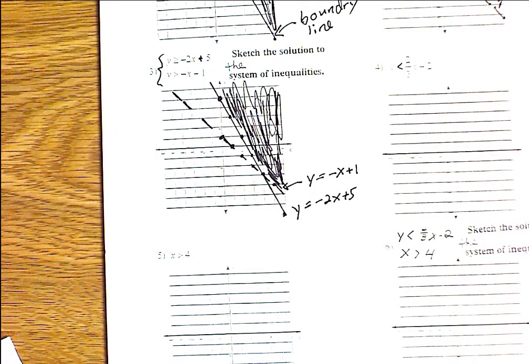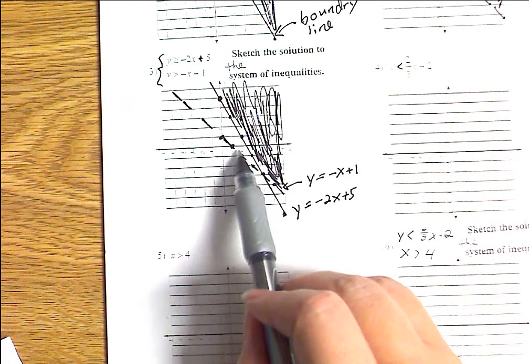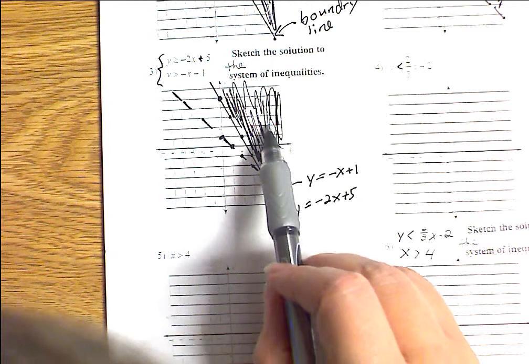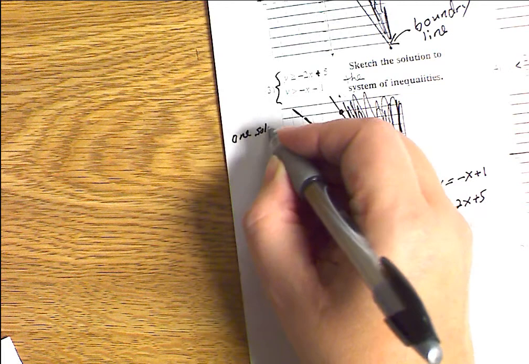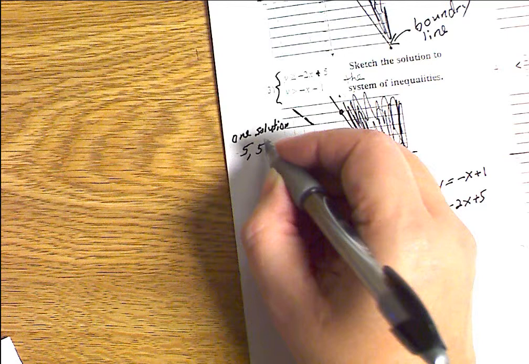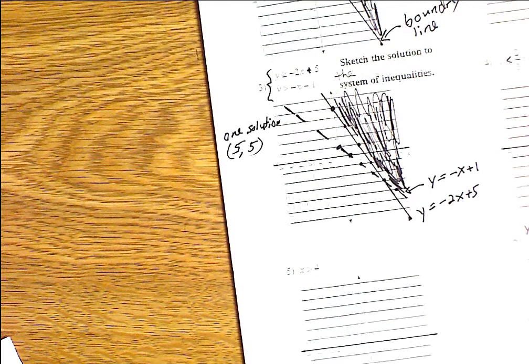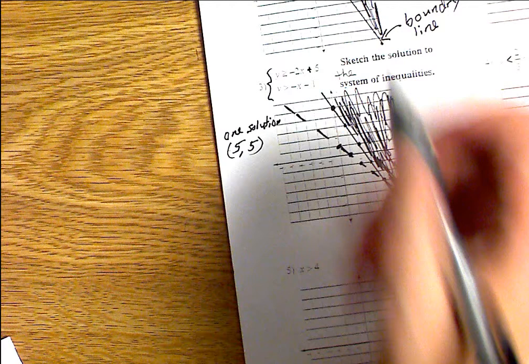5, 5. Let's see. So definitely 5, 5. So one solution, just because I want to show you guys, the one that was called out was 5, 5. To be a solution, what has to happen? It has to be true in both of them. So let's check it out.